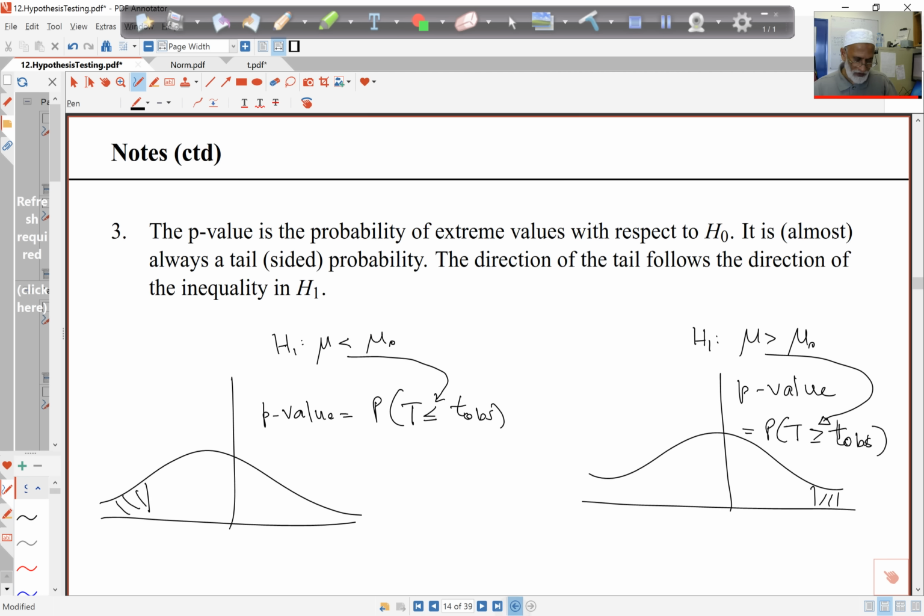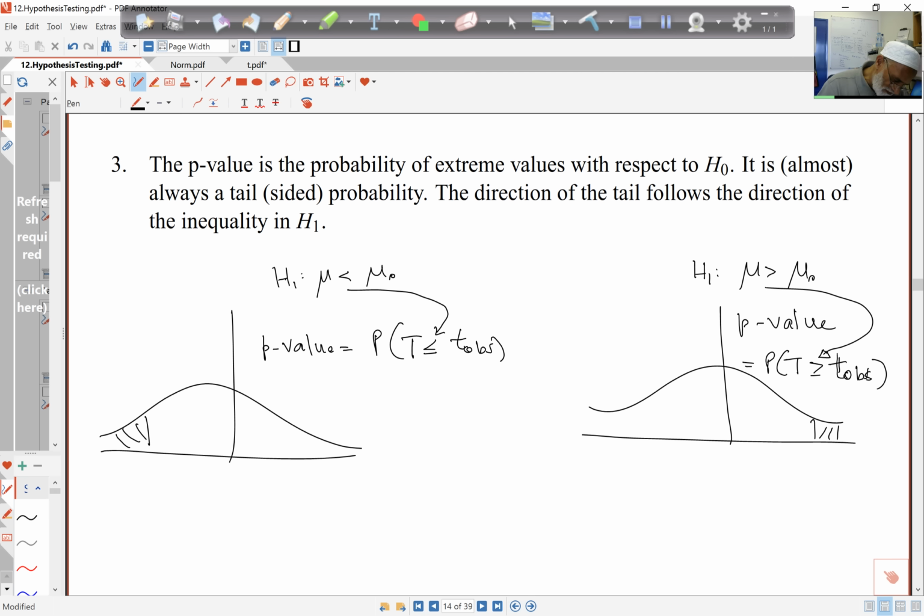Now, in terms of the test I have here, this is a lower tail test because I'm looking for the p-value in the lower tail, or sometimes called the left-sided test.